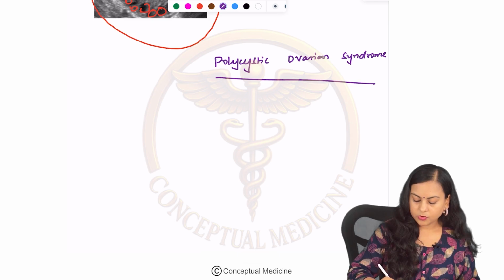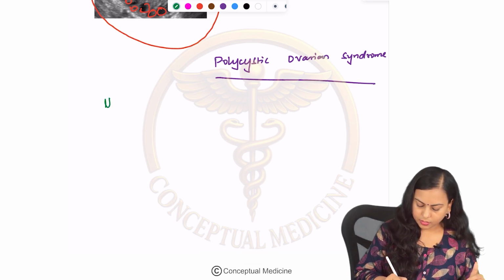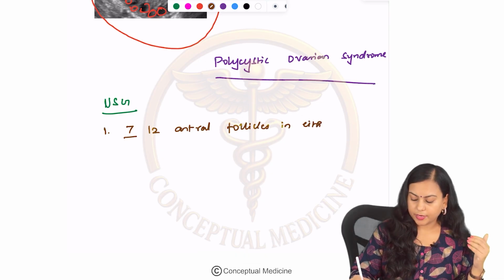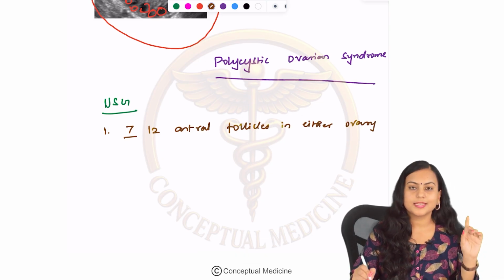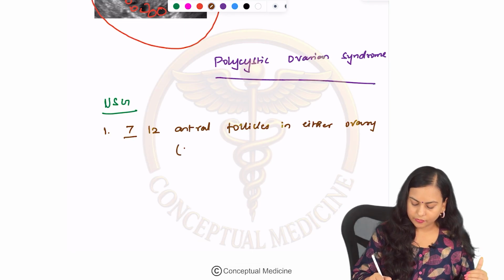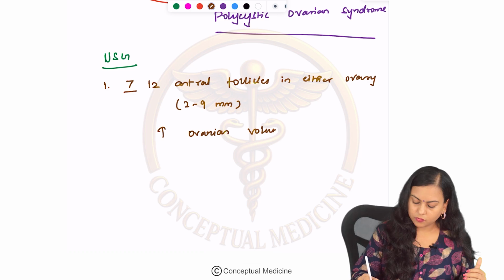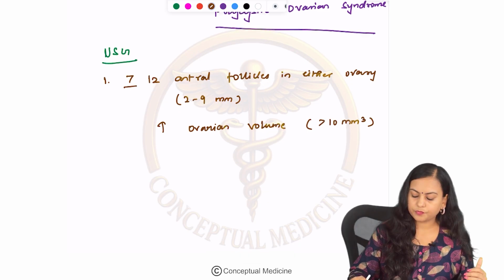On ultrasonogram you will be able to see more than or equal to 12 antral follicles in either ovary, not necessarily in both ovaries, in either ovary if you see, that is enough, and the antral follicle size can be anywhere between 2 to 9 millimeter, and there can be increased ovarian volume as well, that will be more than 10 millimeter cube.